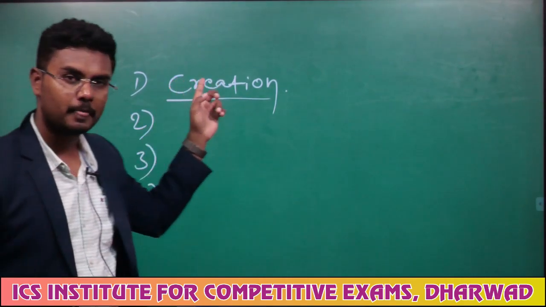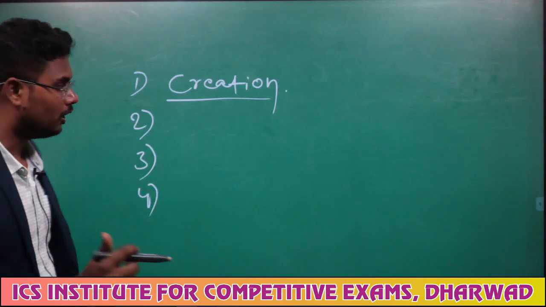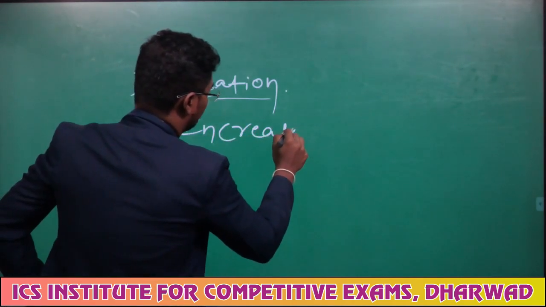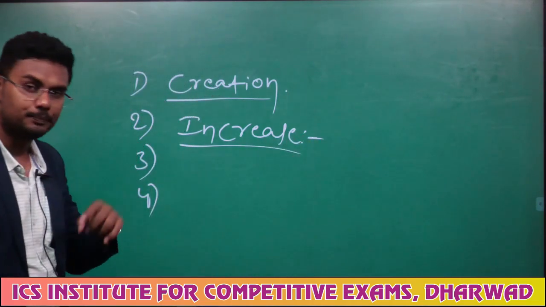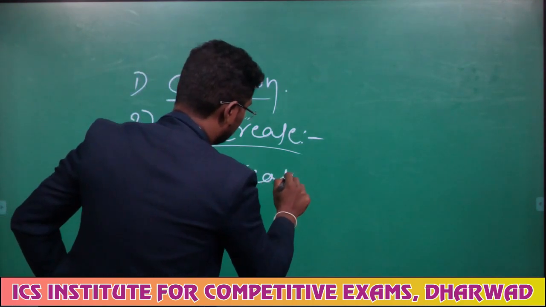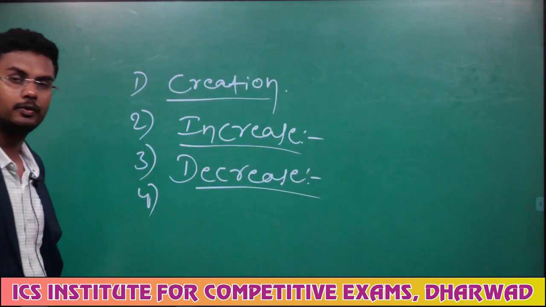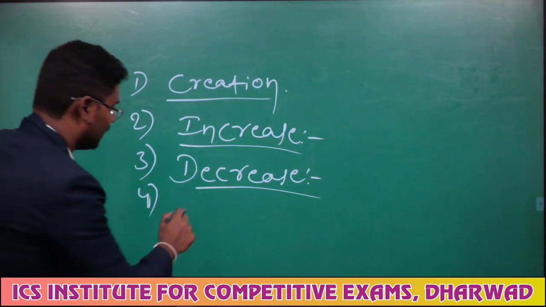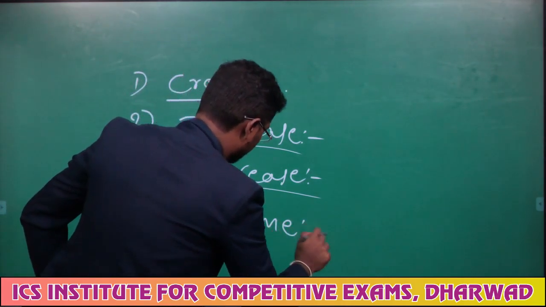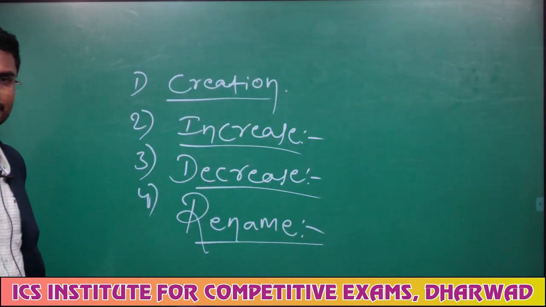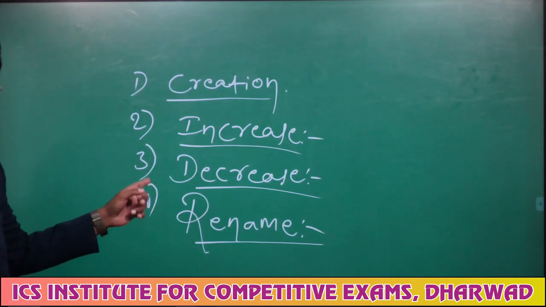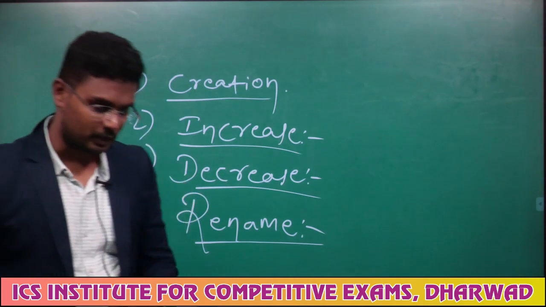So overall, the Parliament can create new states, or it can increase the size or area of any state, or it can even decrease the size or area of any state, or even it can rename any state. So this is being talked about where? In Article 3 of the Indian Constitution, my dear friends.